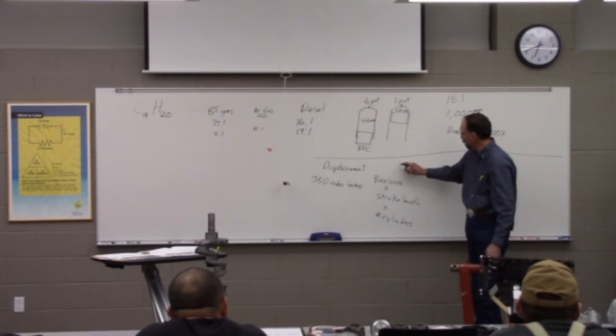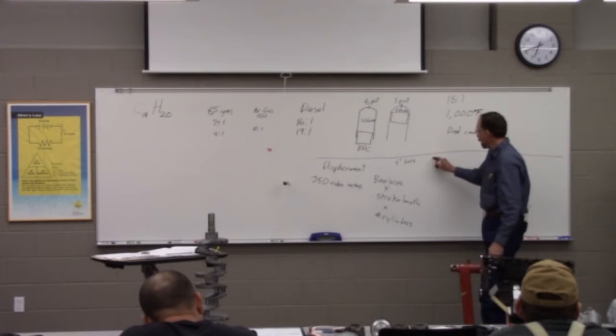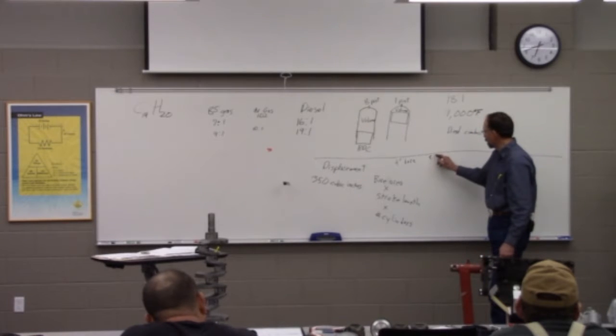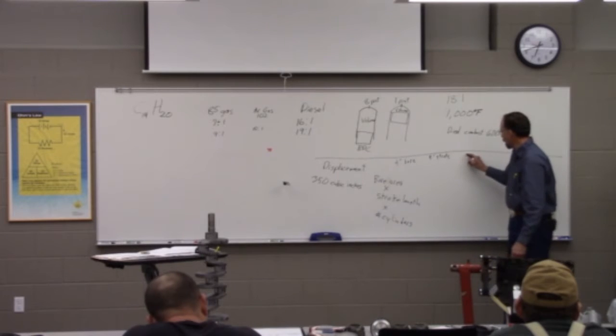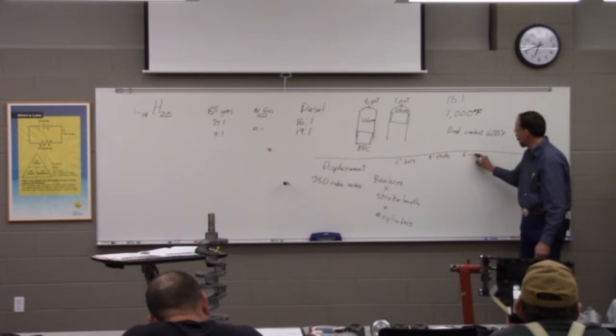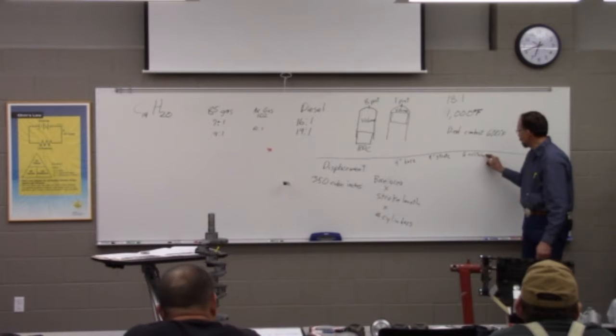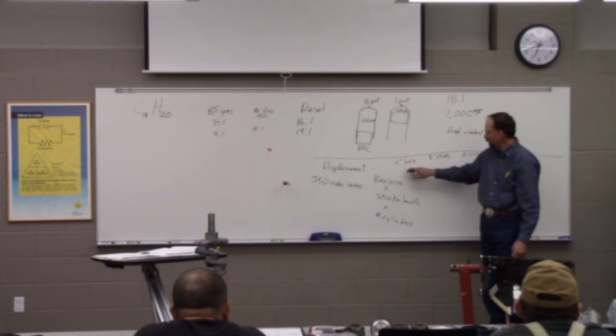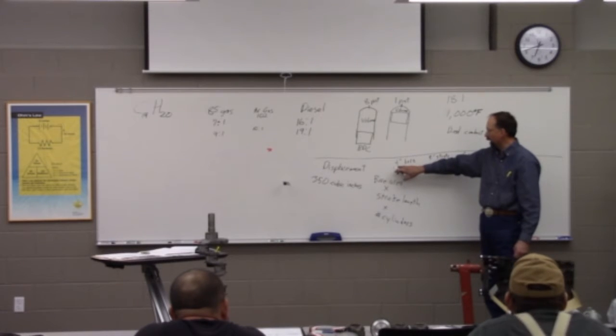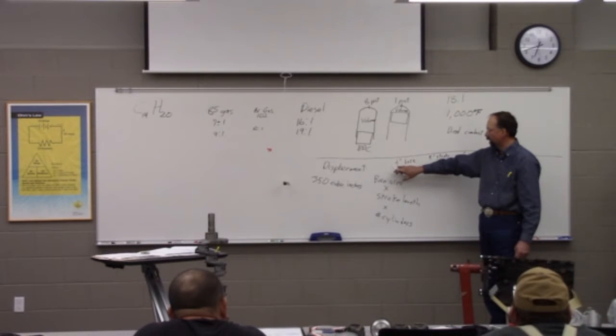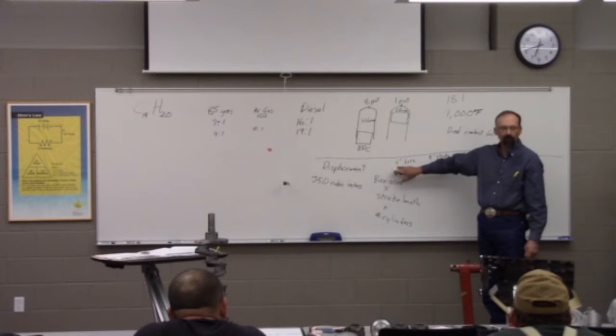So let's just assume we have an engine that has a 4-inch bore, and it has a 5-inch stroke, and it's got 6 cylinders. So pi r squared, well, r is radius, which is half of the diameter, but that's 2. You square it, you're back to 4, right?